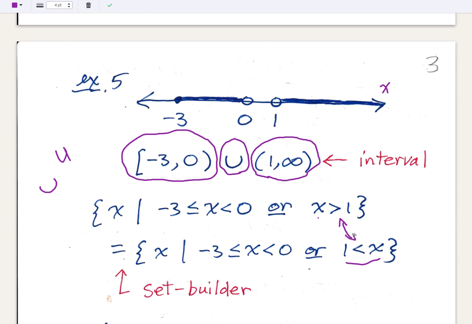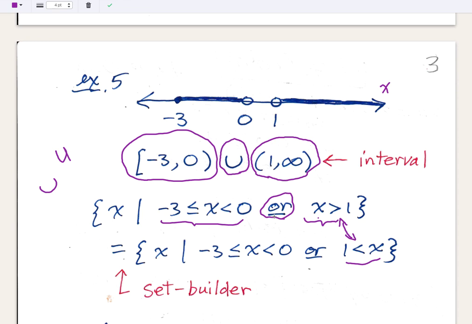Let me emphasize here why this is an or statement. You're talking about the set of all x that satisfy this condition or satisfy this condition. You wouldn't say and there. That would be a logical and.